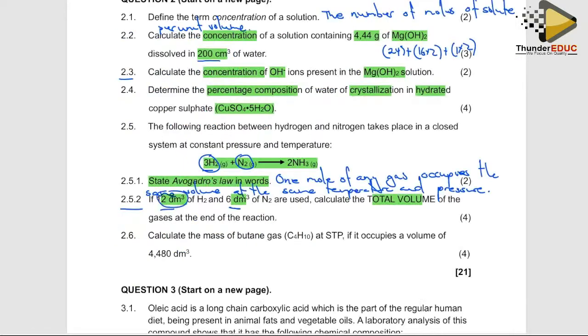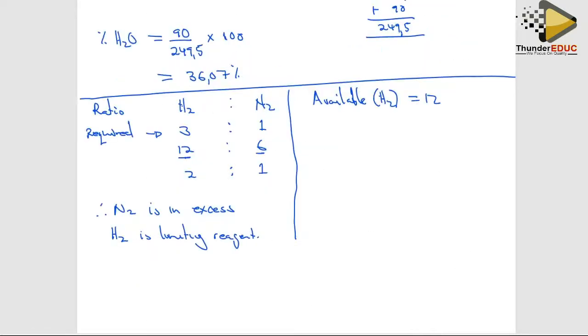So this is my 12 dm cubed. So from the above ratio where we're having 3 H2 is to 1 N2, then we're also having 2NH3 on the side. That's the reaction there. We're adding this to that to get that one there, right?